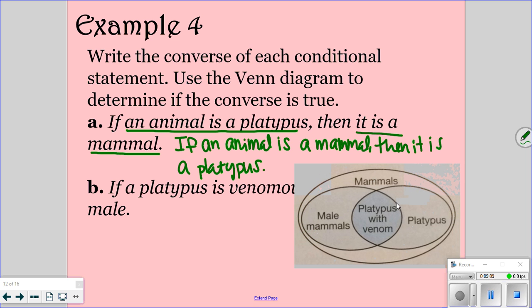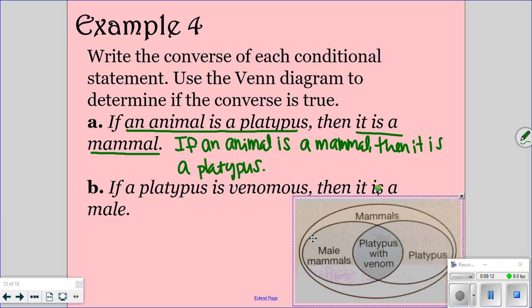Is that a true or a false statement based on the Venn diagram here? It is false. Are there other mammals besides just a platypus? Yes, there are lots of them.